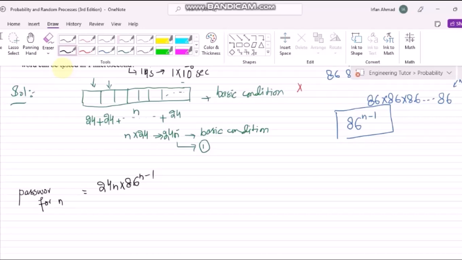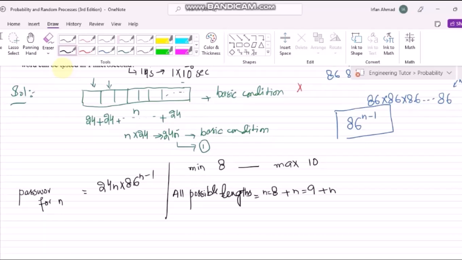That is the number of passwords for n characters, and here the minimum length of the password is 8 and the maximum is 10. So let me write it for all possible lengths. The possible lengths can be n equal to 8 plus n equal to 9 plus n equal to 10.